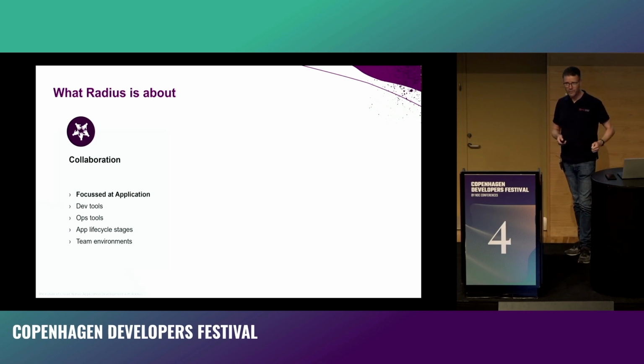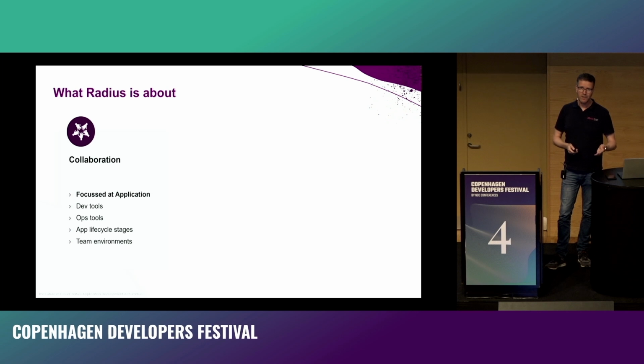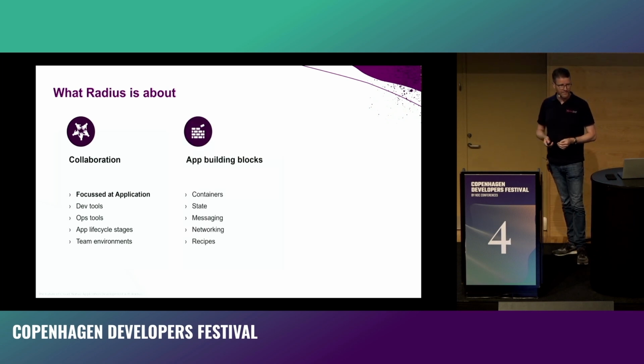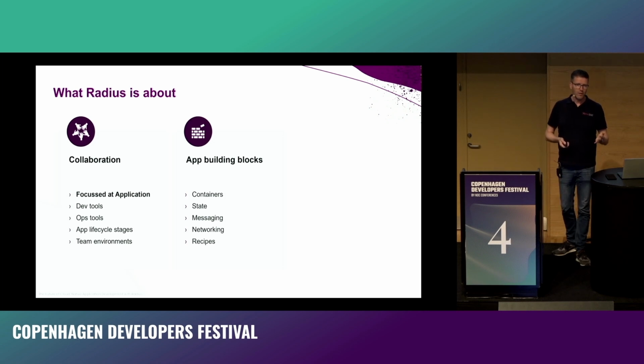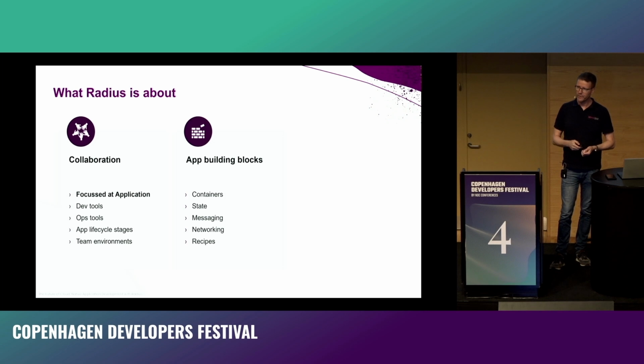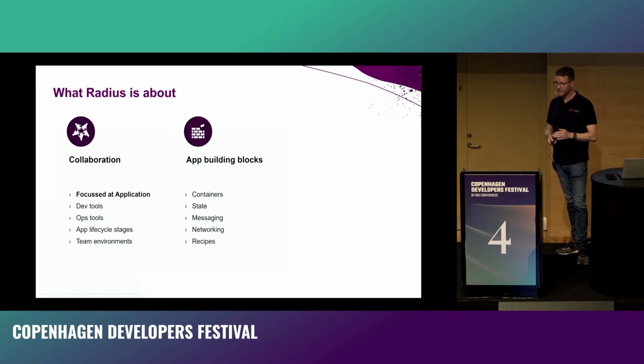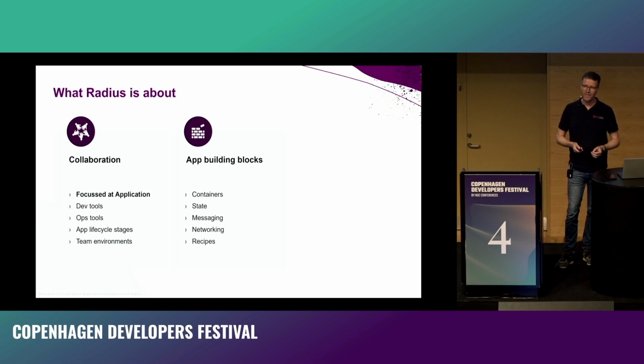It also has support for application lifecycle, so it can take you from test to production, etc. And it has team environments in which teams can be isolated or working together. It also offers application building blocks. So, for example, again, you can use it to run containers, but there's much more you can do with it, like state storage, PubSub messaging, networking, and all that sort of niceness.